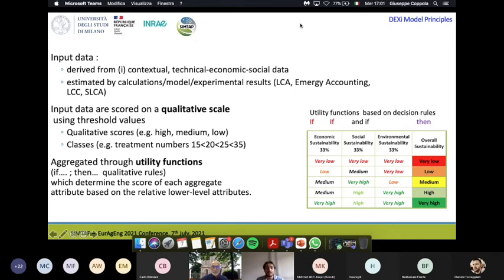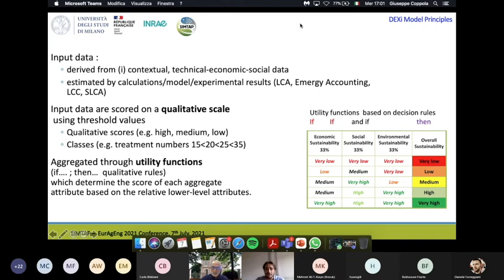Threshold values and utility functions are defined, we have defined them by taking into account the interest and the perspectives of the stakeholders involved. And we have in the table here an example of how the utility function works, just to understand it.